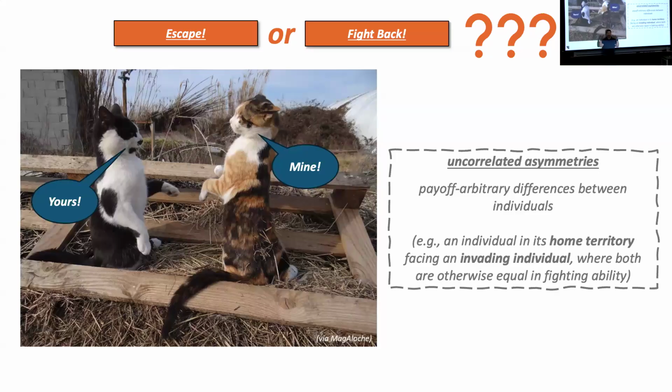So we look for those. These are effectively hypotheses that we look for. So here, there's nothing about the animals that tells you who is likely to win the fight.